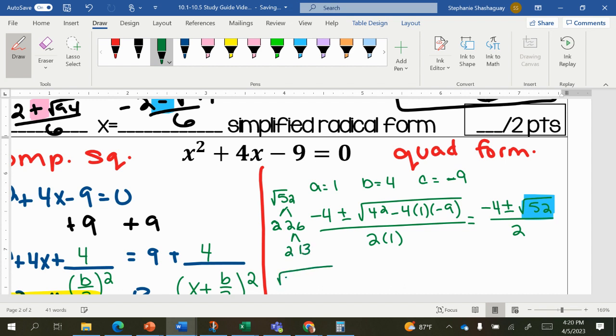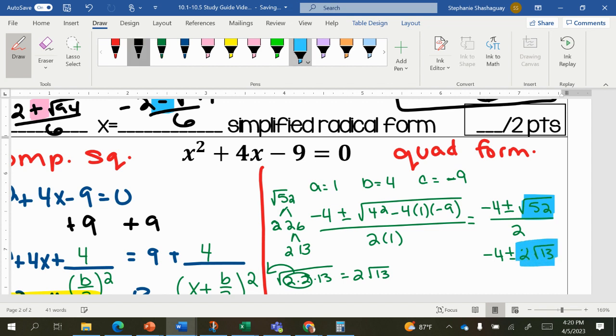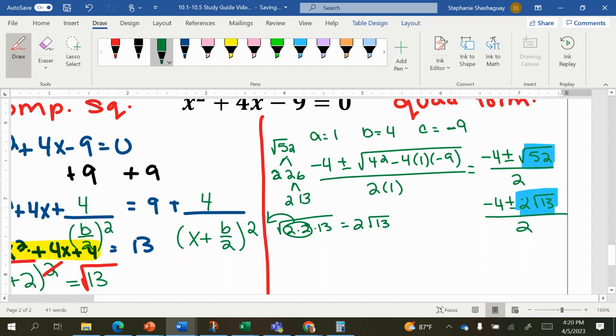So the square root of 2 times 2 times 13 is going to be simplified to 2 square roots of 13. So negative 4 plus or minus 2 square roots of 13 divided by 2.